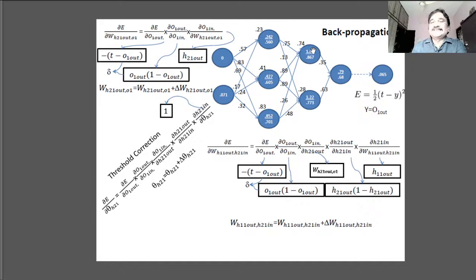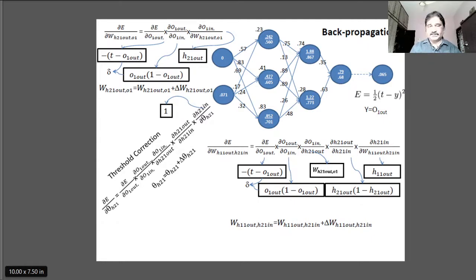H21 in is the new value at this neuron after we take the sum of the products of the out values of each neuron in the previous layer multiplied by the weights coming to this particular neuron. That is H21 in, and after we process H21 in by the sigmoidal function, what we get is called H21 out.